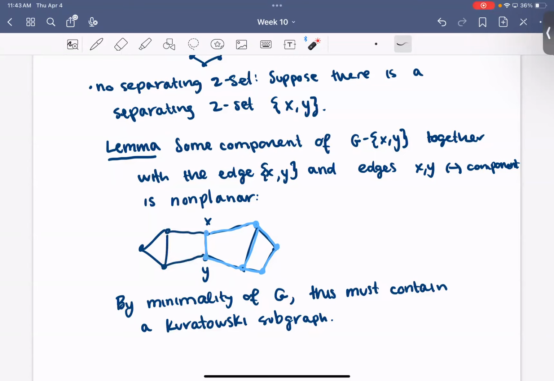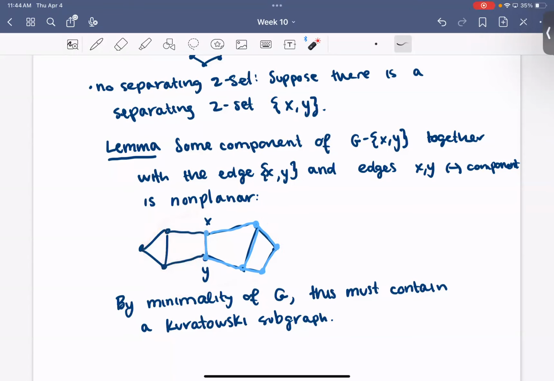So going back, if G does have the edge XY, then this graph by the lemma has a Kuratowski subgraph, which is a contradiction. If this edge does not exist, then in this graph, I'll just replace it by some path going through the other component. And then that tells me that this thing now has to have a Kuratowski subgraph.